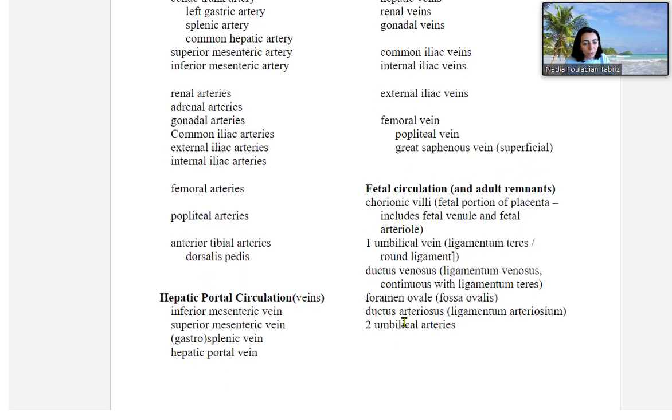So these are the parts that you need to know from the fetal circulation. Pay attention that I believe that I have explained these ones. If not, I will put the video for that one because I don't want to make it very long, and I will explain how the fetal circulation is different from the adult circulation.